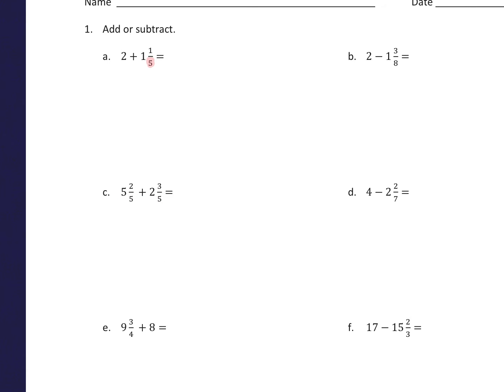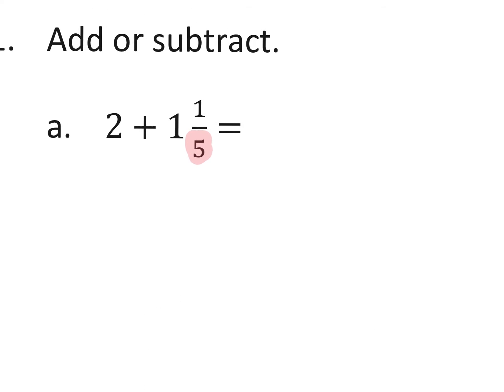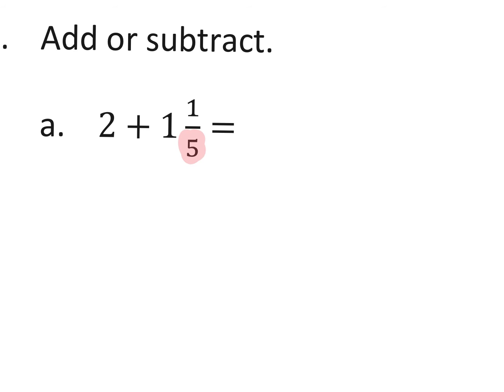Luckily, they're in the same denominator. So we need to be looking at the fraction in order to help us do this. First thing we need to do is rewrite this equation in terms of the same units.